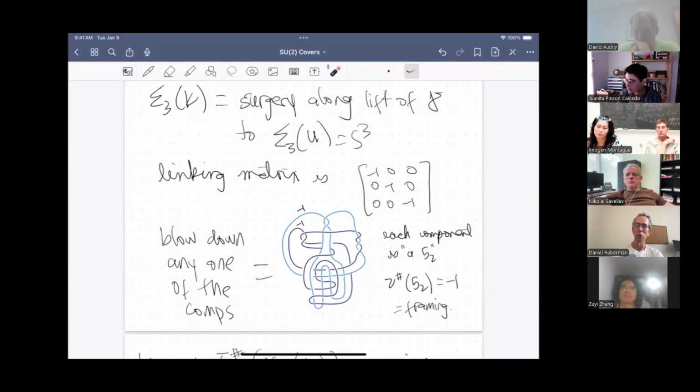So I was wondering whether the interaction with these new invariants was of that sort, and if you had a more unusual linking matrix, whether you could get a stronger result. That's really the point I was driving at.